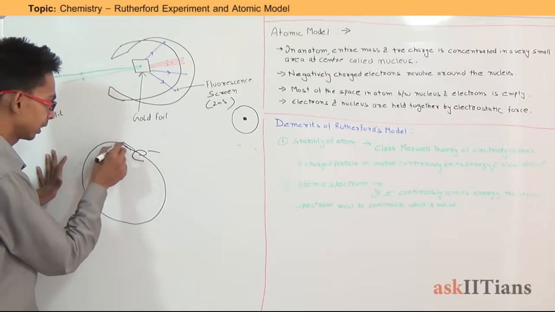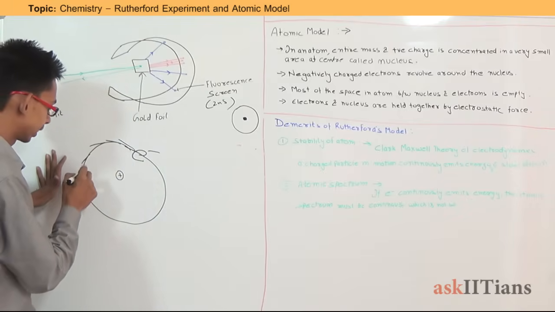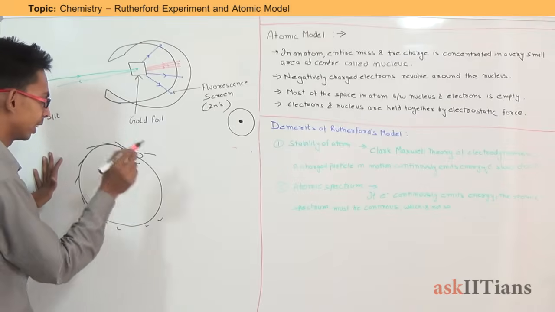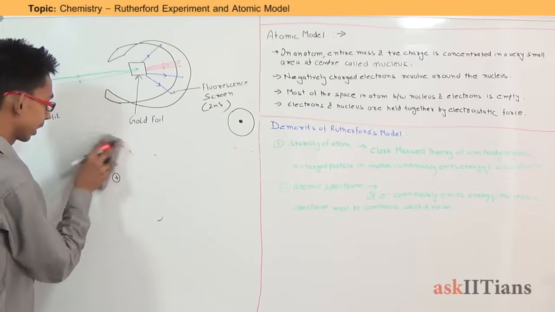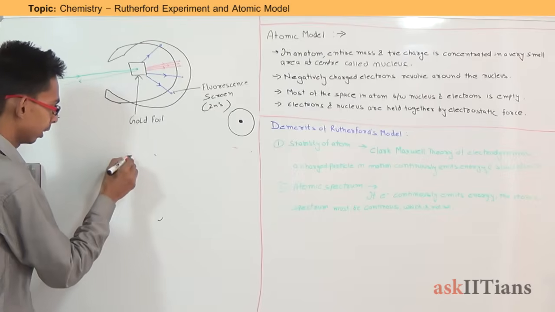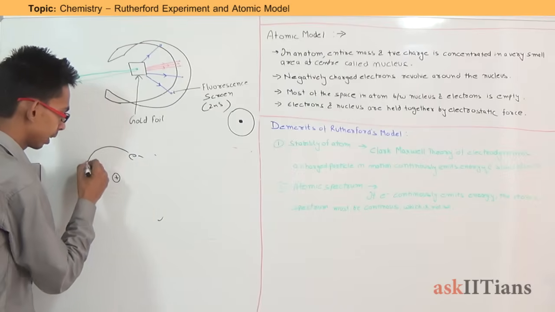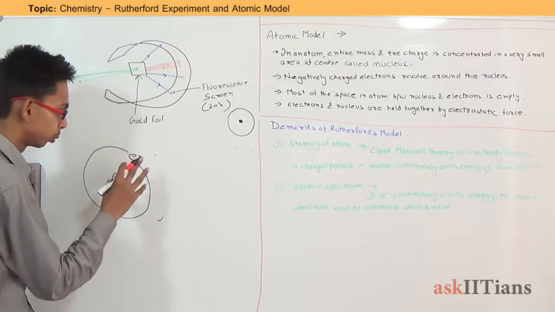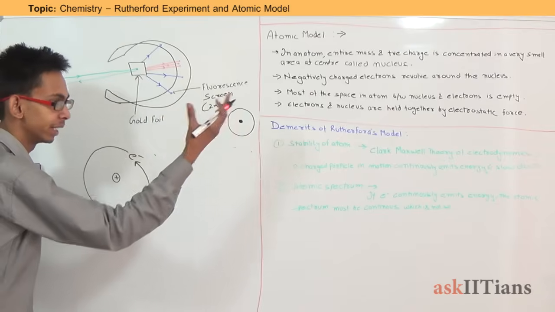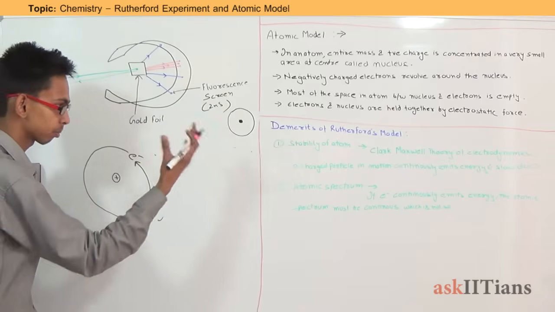It is continuously changing direction. That means it is continuously under acceleration. So, according to the theory of electrodynamics proposed by Clerk Maxwell, a charged particle which is moving under continuous acceleration will lose energy in the form of radiation. It will emit radiation.